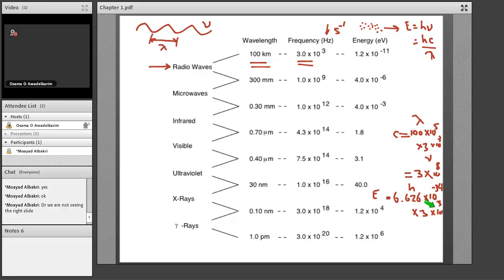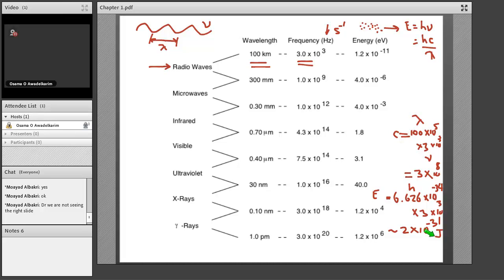So this is roughly 2 times 10 to minus 30 joule. So the energy of the photon is a very small energy.